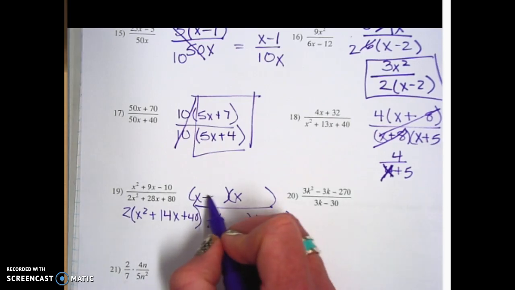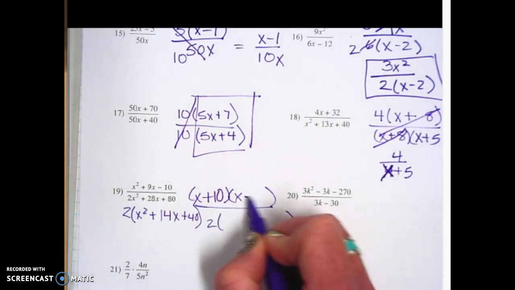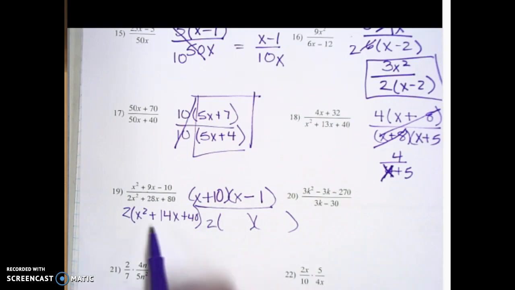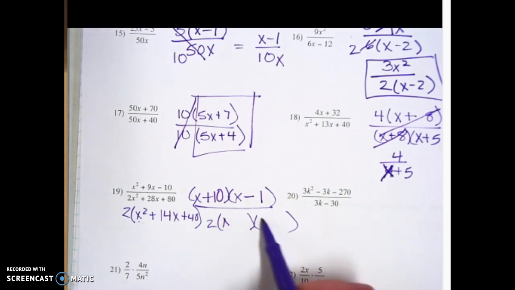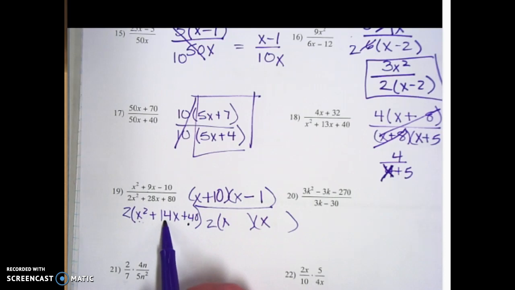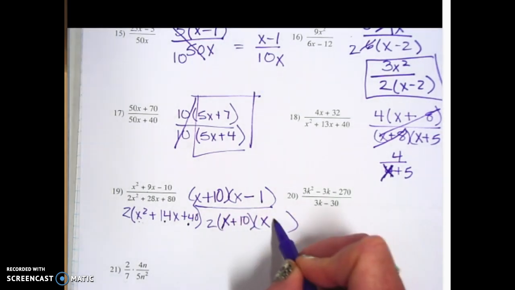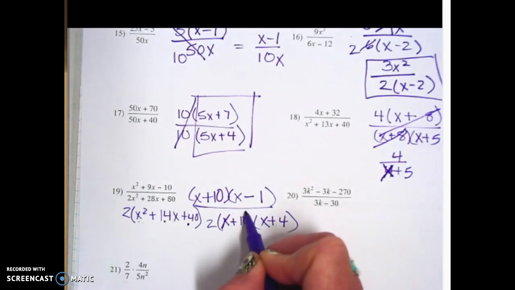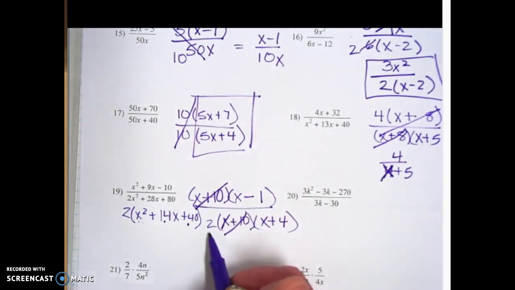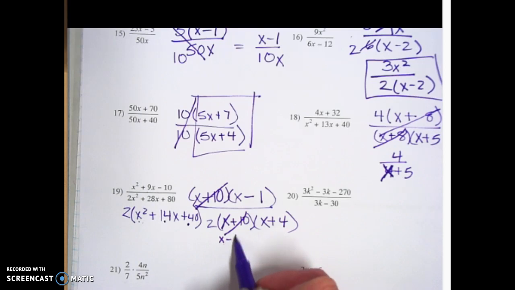That would be x plus 10 and x minus 1. In the denominator, we're going to have x and x. To multiply to get 40, but add or subtract to get 14. X plus 10 and x plus 4. The x plus 10's cancel. And we are left with x minus 1 over 2 times x plus 4.